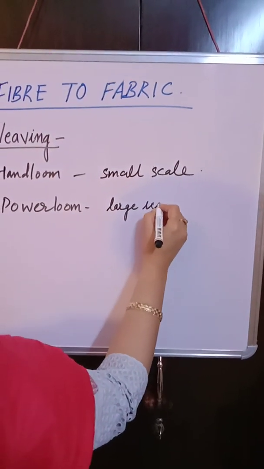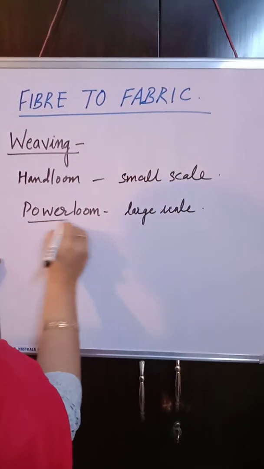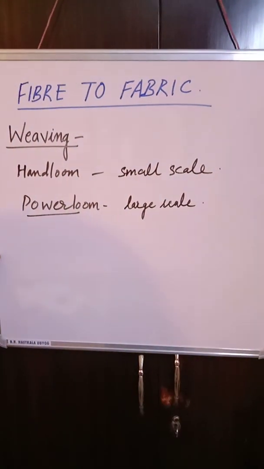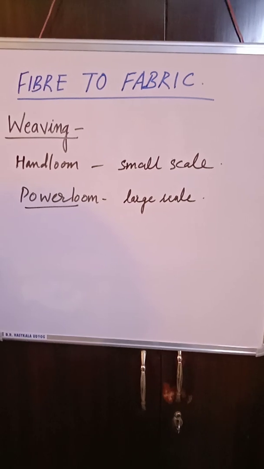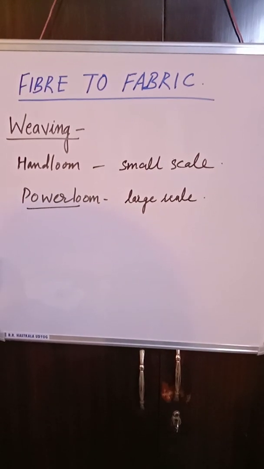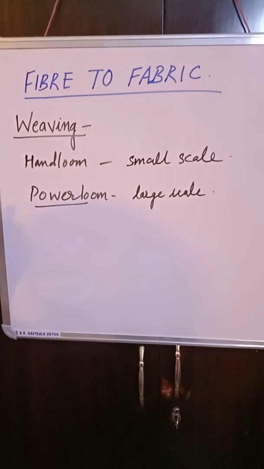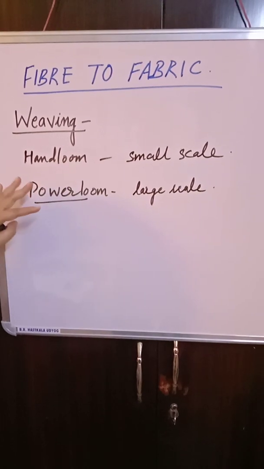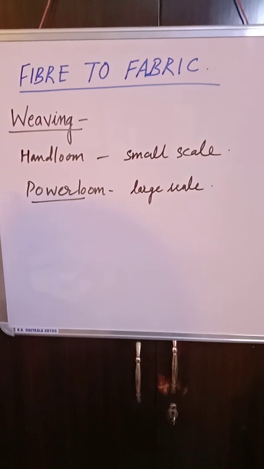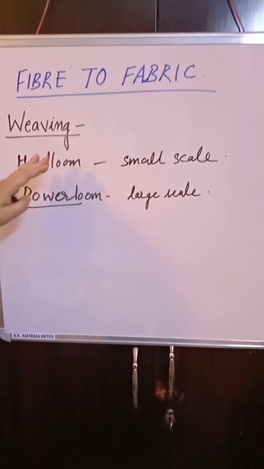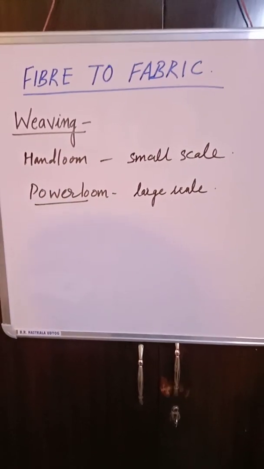Power, as the name indicates, means electricity. So looms that are big machines run by electricity produce fabric, and the fabric is produced by what? A power loom. We cannot produce a large amount of fabric with the help of a hand loom, right?